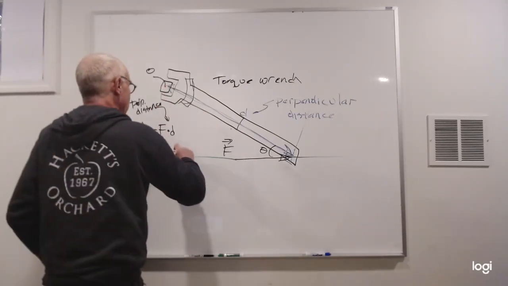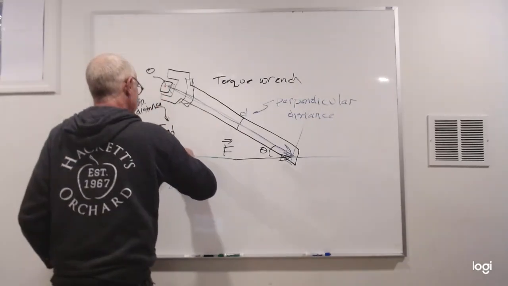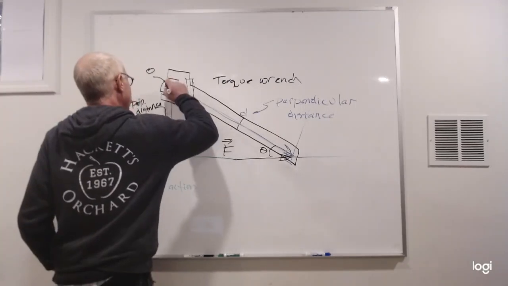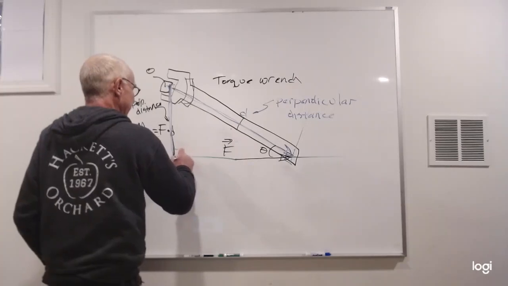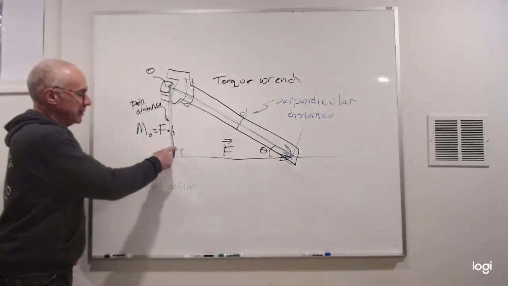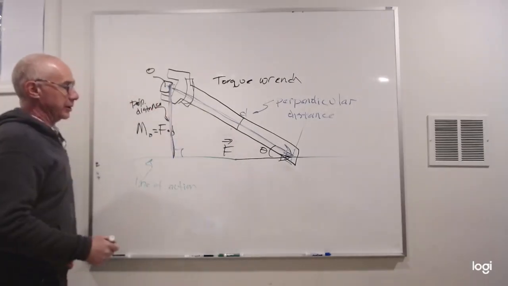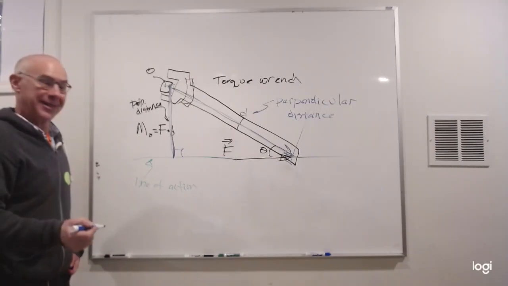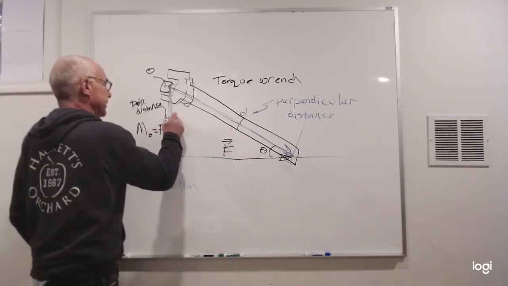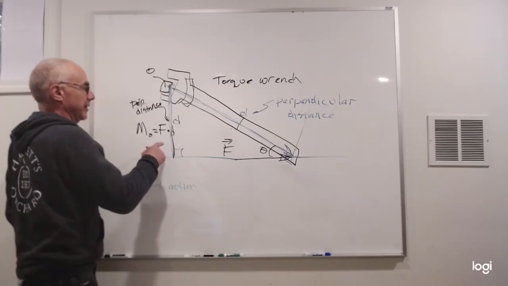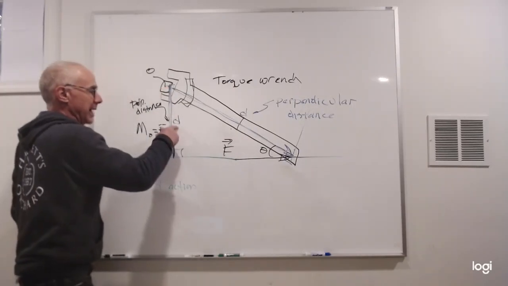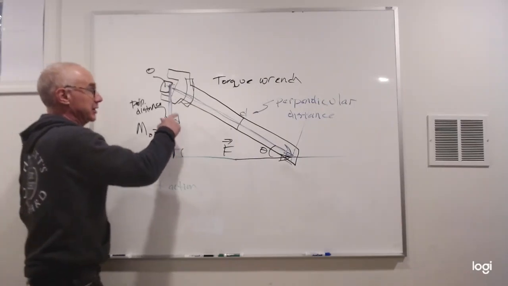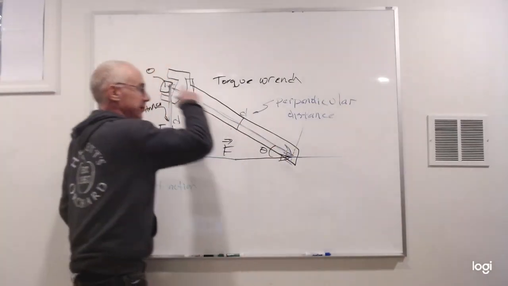So I'm going to draw a line almost vertically upward. Not bad. Anyways, I think you get the point. This is perpendicular. That's my new perpendicular distance, d. So in this case, the moment applied here equals the force times that distance. And as you can see, it's much less than the total distance of the shaft.